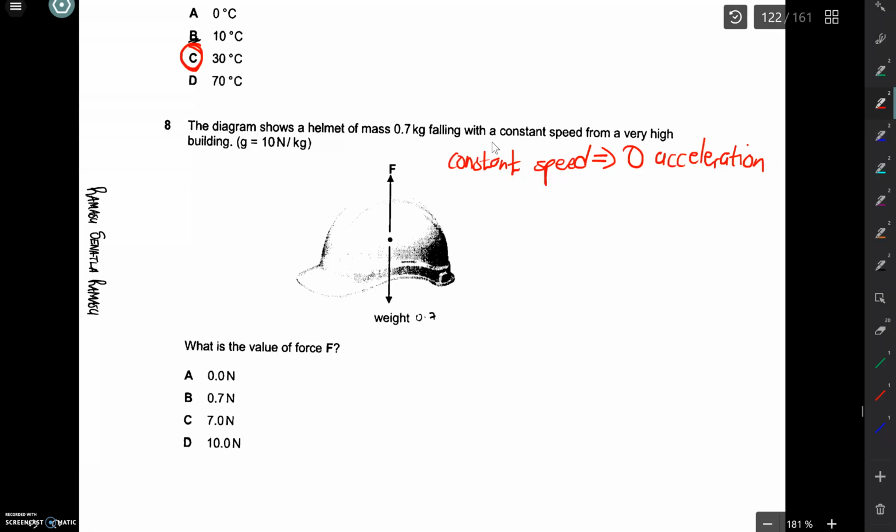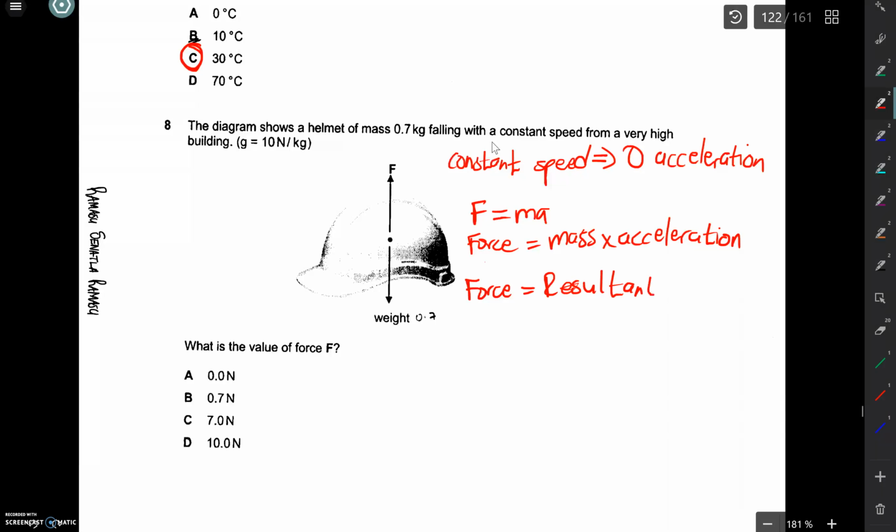Now, if you remember the formula, F is equal to ma, which is force equals mass times acceleration. This force here is a resultant force. A resultant force is simply the difference between forces.